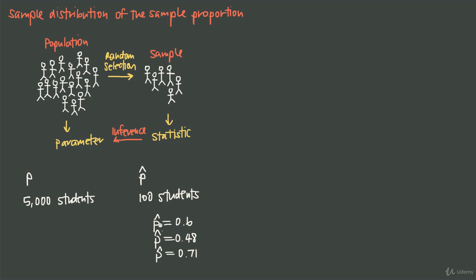We're getting lots and lots of values for the sample proportion, and those values are going to create a probability distribution that we can use to answer probability questions about P hat and therefore about P. The amazing thing is that if we do this right, the sampling distribution of the sample proportion is actually going to be a normal distribution.